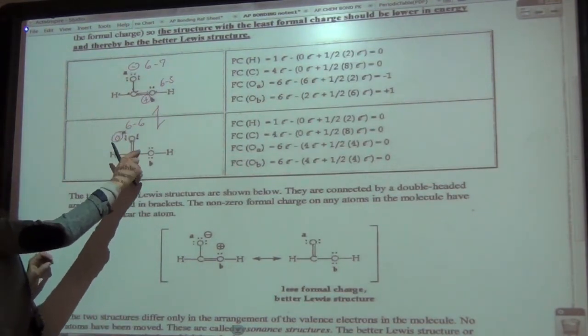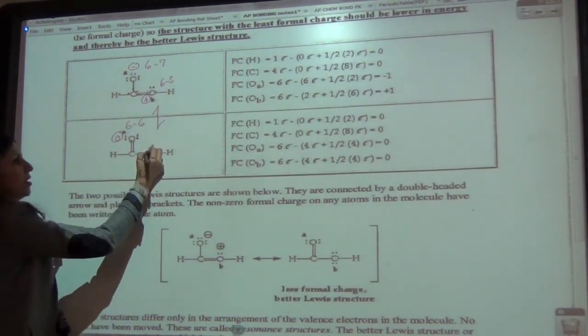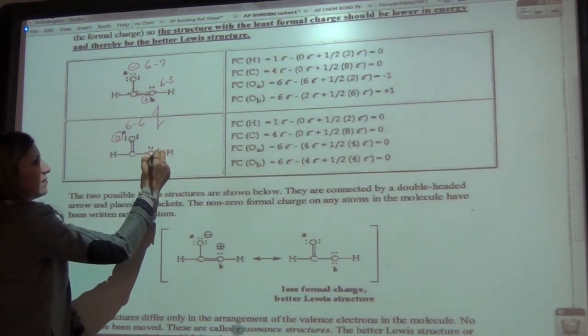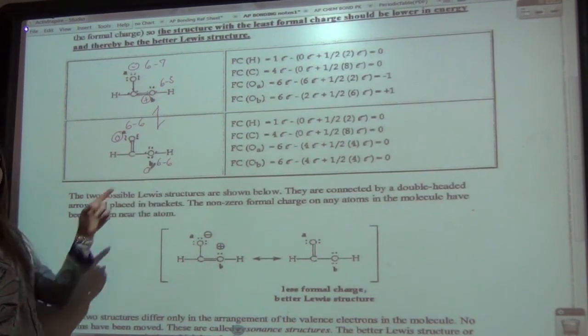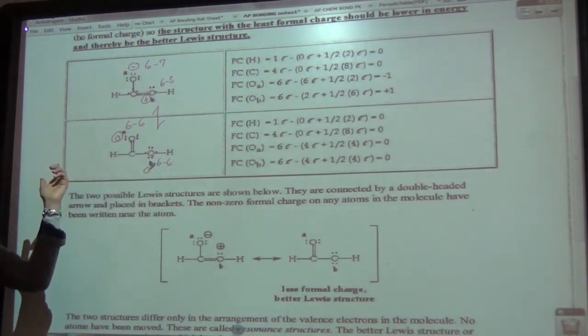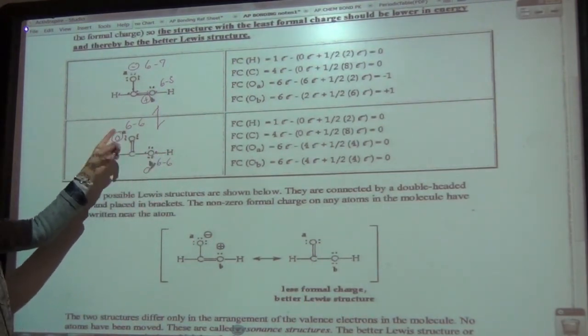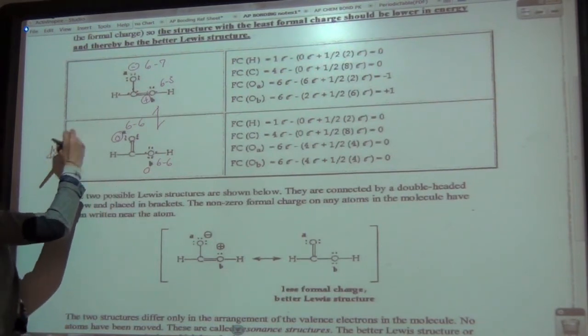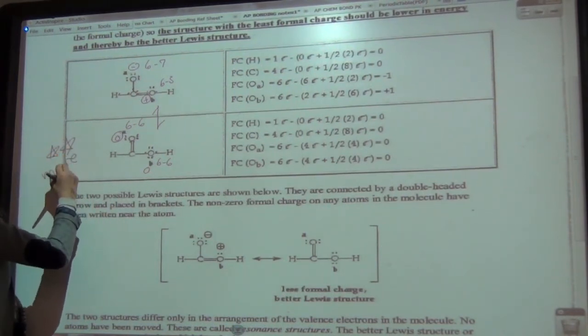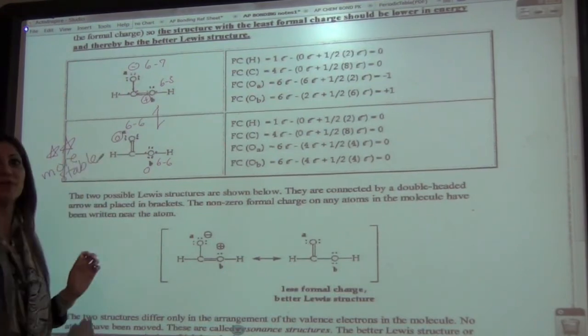The carbon is fine with 4. Let's try this oxygen. 1, 2, 3, 4, 5, 6. 6 minus 6 is 0. My hydrogen's fine with 1 and 1. So guess what the formal charges are on this entire molecule? 0. This one ends up being the resonance structure that is more stable.